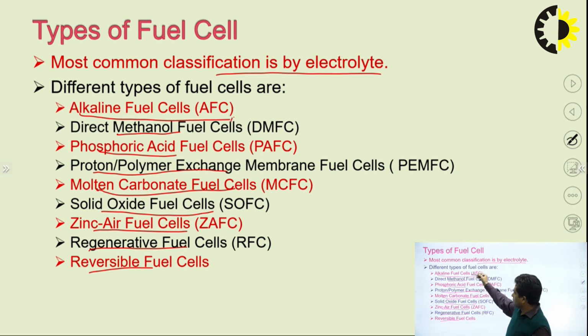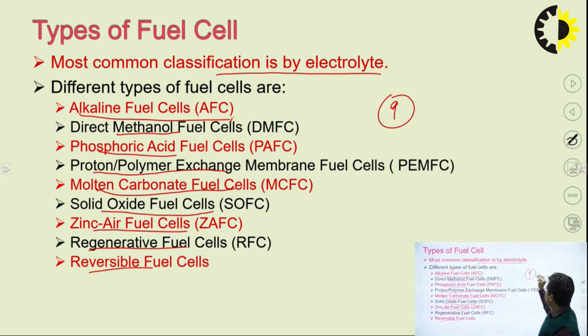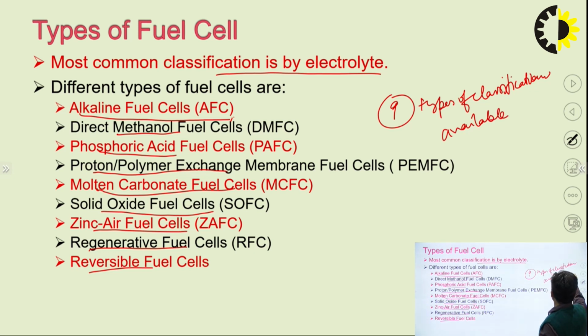So there are 9 types of classification available based on electrolyte.